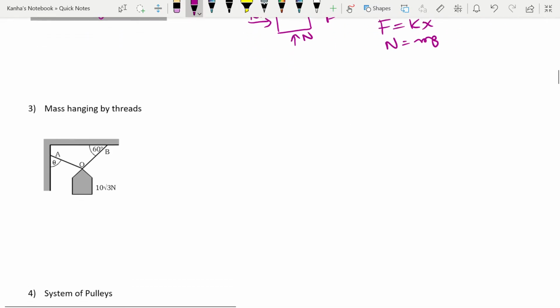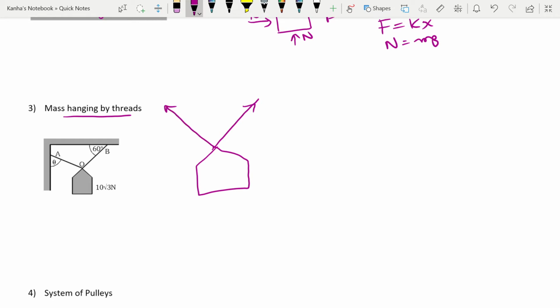Let's go to the third one, which is mass hanging by threads. You need to draw the FBD of this. What will be the free body diagram? Let me draw this again. So you have a string here, you have a string here. I'm not drawing the strings, I am drawing the free body diagram of this.